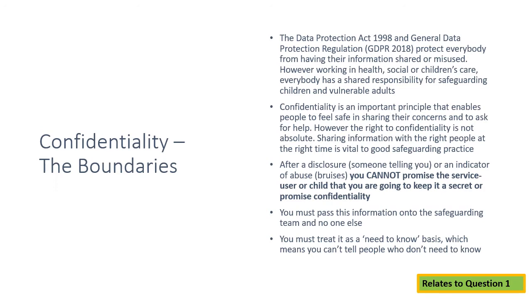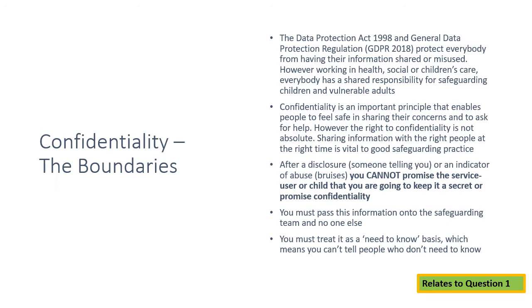When you're working in health, social care or children's care, everyone has a shared responsibility for safeguarding children and protecting vulnerable adults. We looked at that in part 1 of the safeguarding session. Confidentiality is an important principle, and it allows people to feel safe in sharing their concerns and to ask for help.